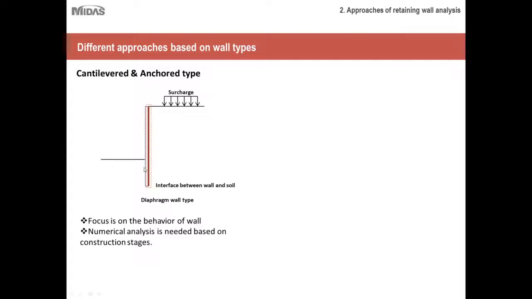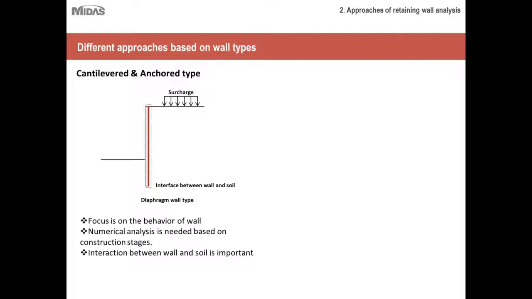So you must perform the numerical analysis to check the behavior of the wall based on its construction stages, and pay special attention to the interaction of the wall and the soil. So this brown surface that we have highlighted here and placed in this box is actually the interface material between the wall and the soil.